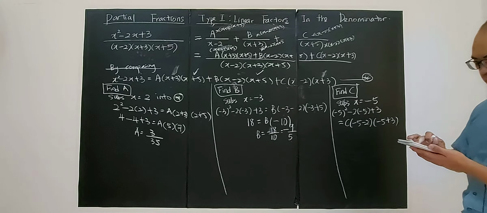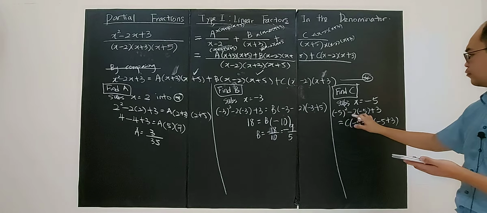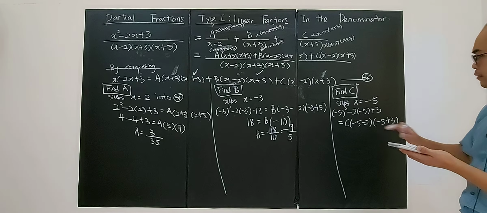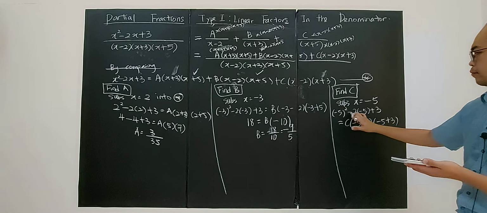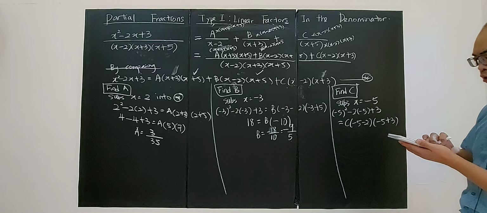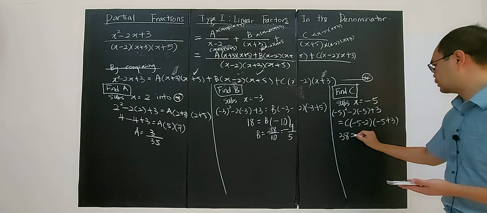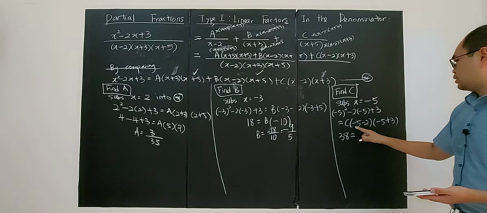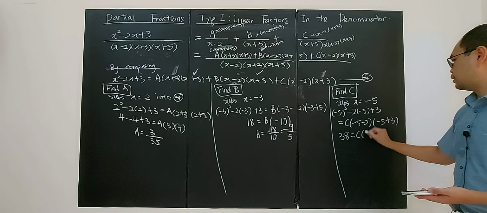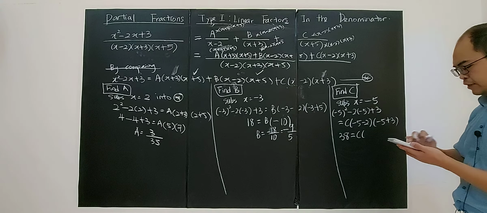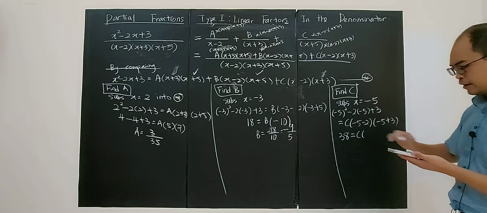So you have 25 plus 10 plus 3. You have 38 equals to C, and this one you have negative 7.